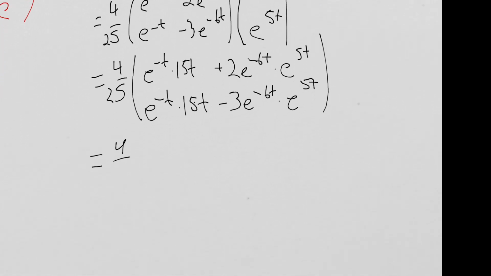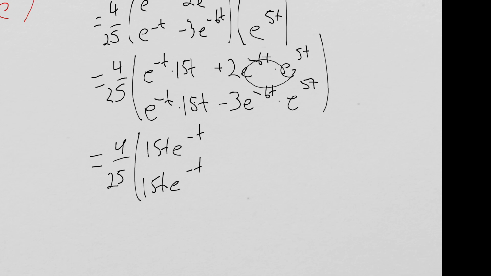This gives me 4/25 times 15t e to the negative t. And then this multiplication here, again, exponents, negative 6t, 5t. What's that give me? It gives me an e to the negative t. So it kind of gives us what we should expect, plus 2e to the negative t minus 3e to the negative t.